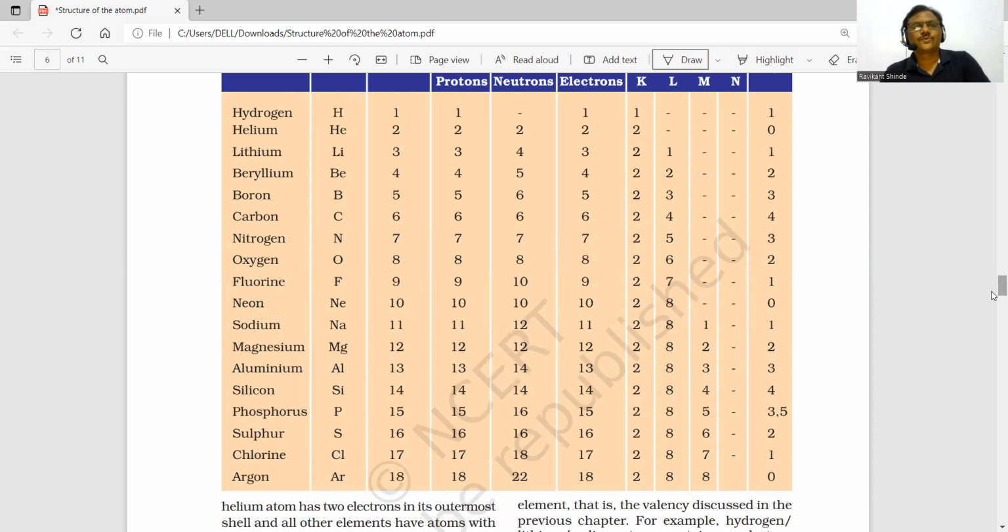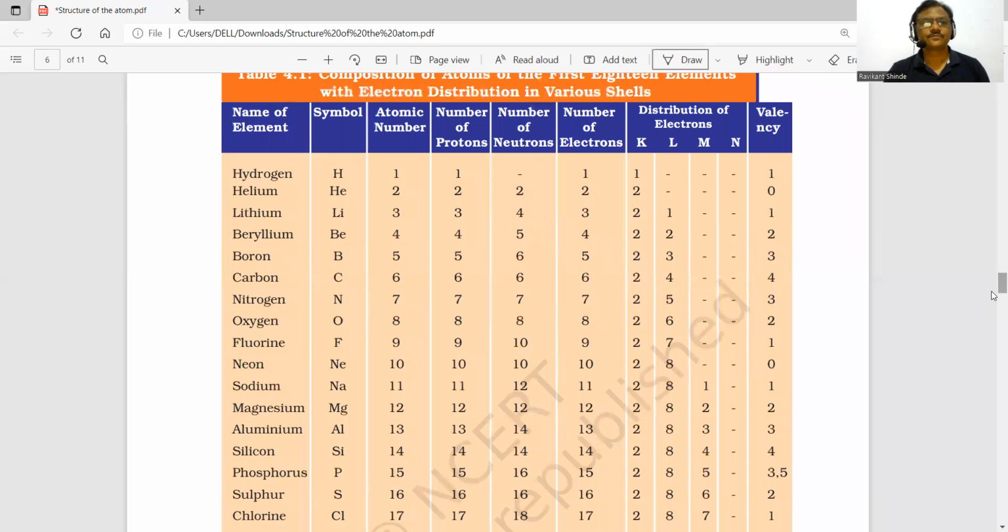Helium mass is 4, atomic number is 2. Lithium atomic number is 3, atomic mass is 7. Beryllium 9. Boron, you can see the atomic mass of boron is not given.